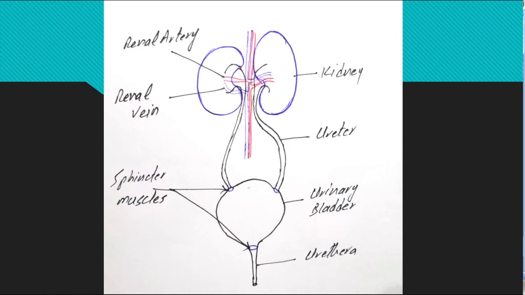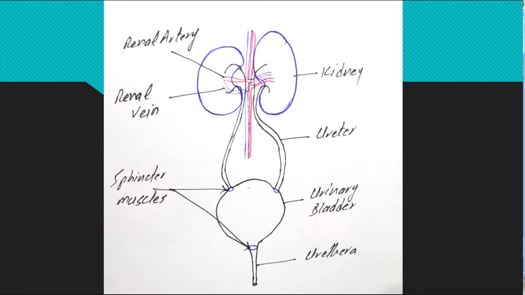The urinary bladder is a large sac, and it opens to the outside of the body through a small tube, that is the urethra. And this urinary bladder also has sphincter muscles at the junctions of the ureter and the urethra. And these sphincter muscles actually prevent the backflow of urine.